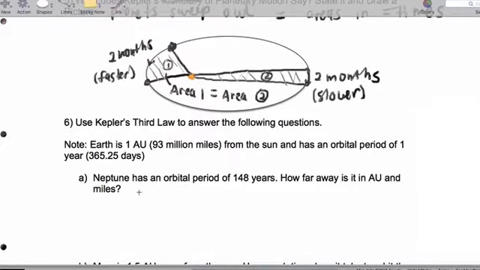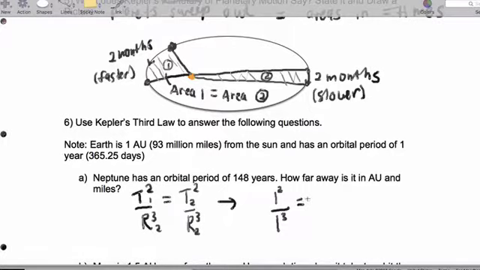So here's what Kepler's third law says. It says the year squared divided by the average distance cubed of planet 1 is T2 squared over R2 cubed for planet 2. So in this case, Earth has 1 year to orbit the sun, and its distance is 1 AU away.